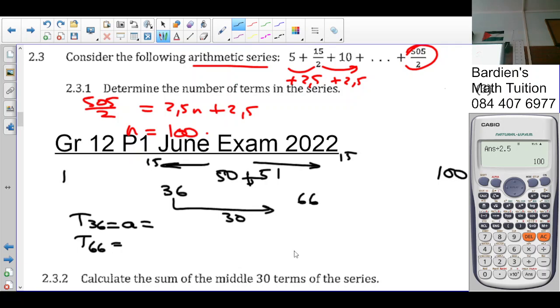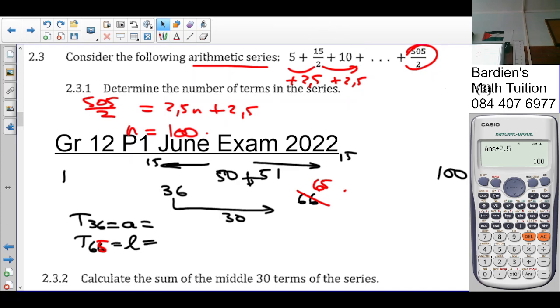You just check. So it's 51, 52, 53, 54 and so on, 58, 59, 60, 61, 62, 63, 64. It's actually 65. It's 36 to 65. If you count that on your fingers, you're going to get your 30 terms. So it's actually 65. Sorry about that.